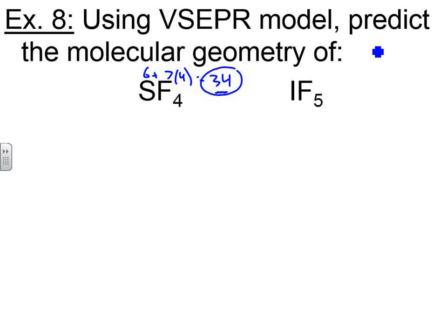But let's go ahead and draw it. In this case, you have 4 fluorines around the sulfur. And you've got yourself 34 electrons, so 8, 9, 10, 11, 12, 13, 14, 15, 16, 17, 18, 19, 20, 22, 24, 26, 28, 30, 32. That completes the 32.